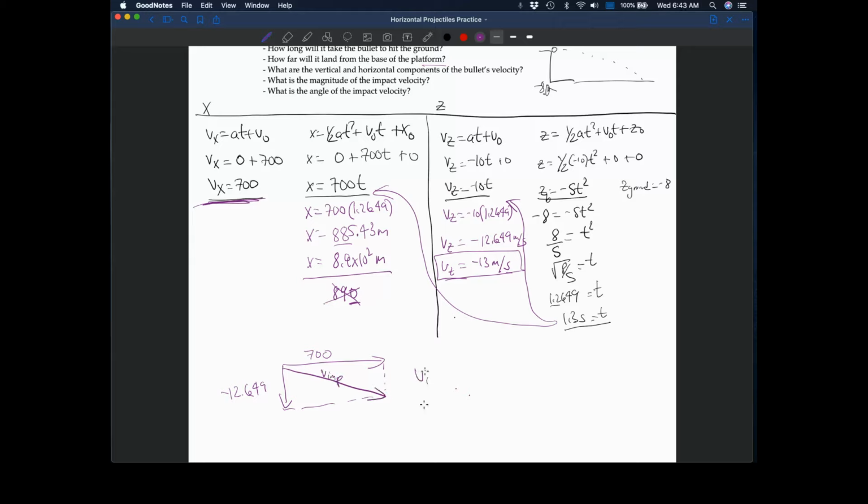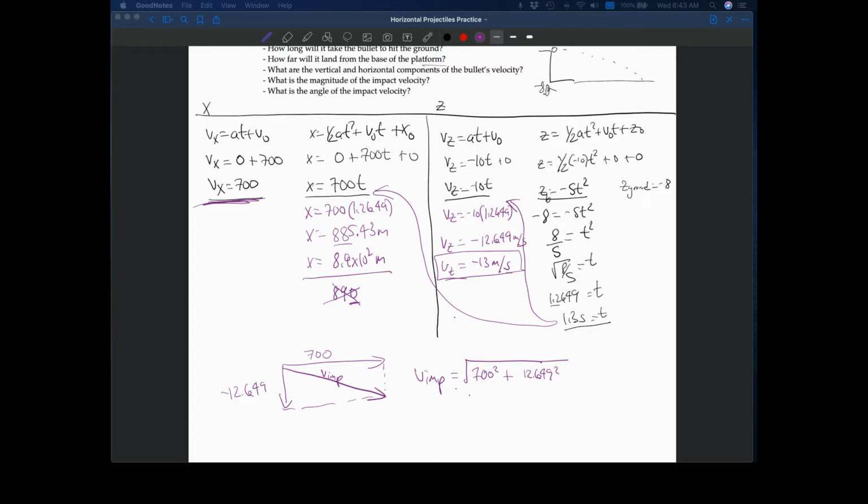And so that impact velocity from the prior solutions of the Pythagorean theorem is going to be the square root of 700 squared plus 12.649 squared. And some of you may wonder, why do I drop the negative? Well, that's because if I square a negative, I still end up with a positive. So it doesn't matter whether this is positive or negative, we will end up with the same answer.